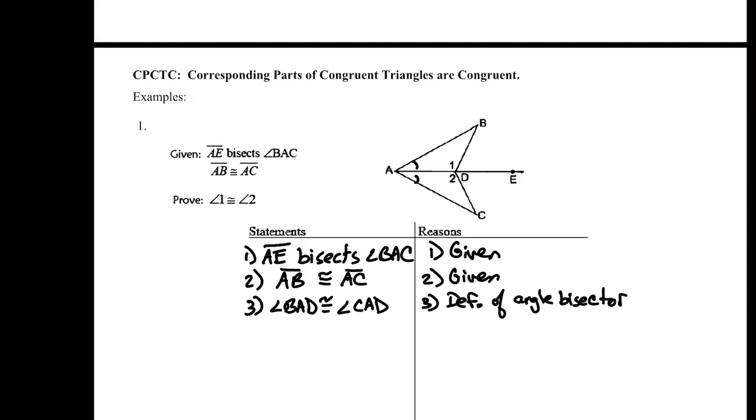Right, so if you write def, I don't think you mean deferential, you know, I'm pretty sure you mean definition, so it's okay. Yeah, so definition of angle bisector covers that. AB and AC are explicitly stated to be congruent to one another.